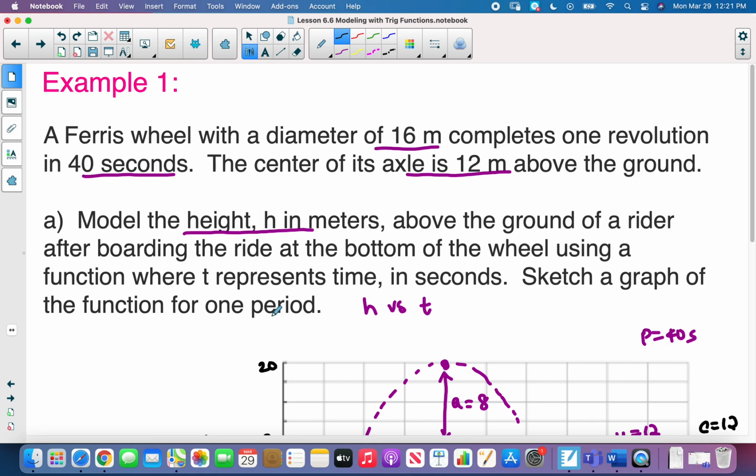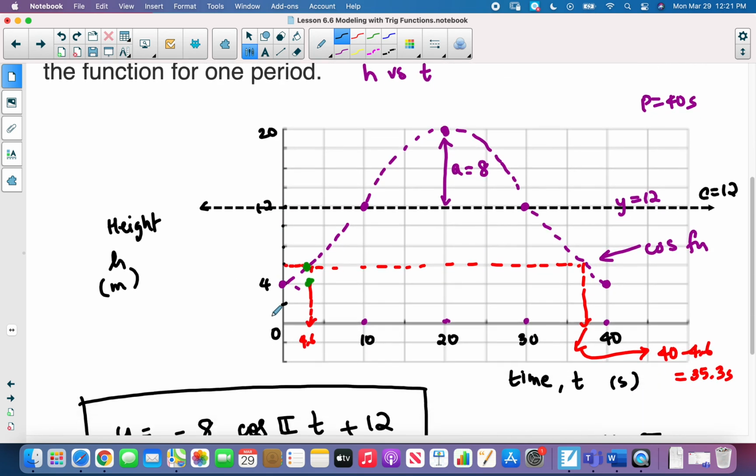If you look over here, change the equation to reflect that the rider boards the Ferris wheel at 6 meters above ground. So this point is not shifted to the right here, it's actually shifted over here. So when he's starting the ride at 0, this is going to be the point of starting. So instead of starting over here, it's going to start over here.